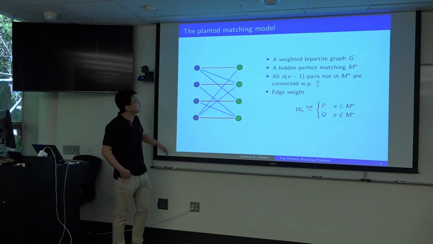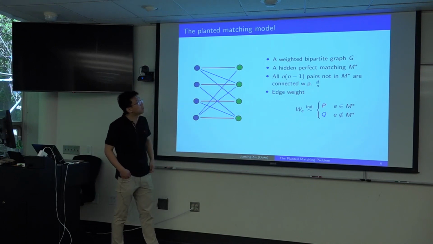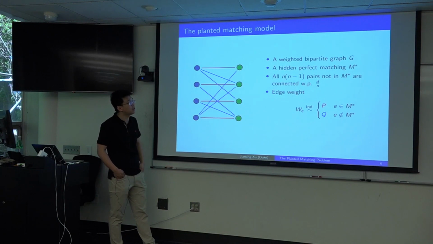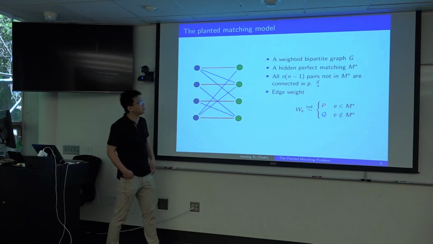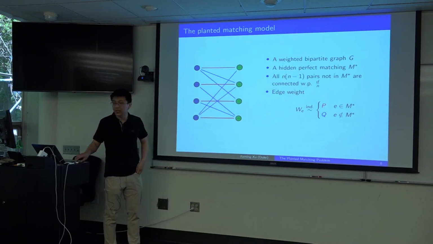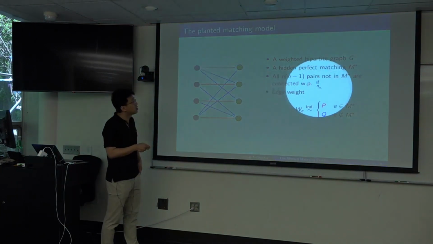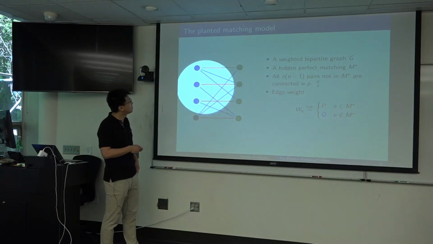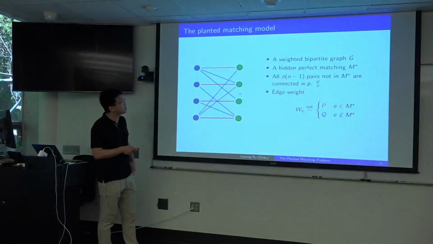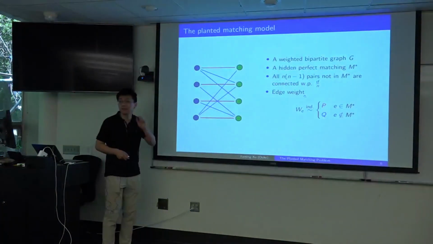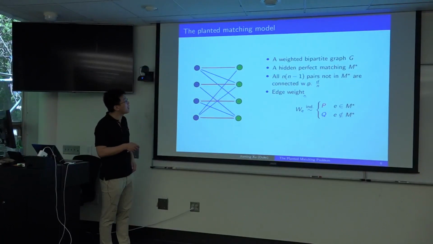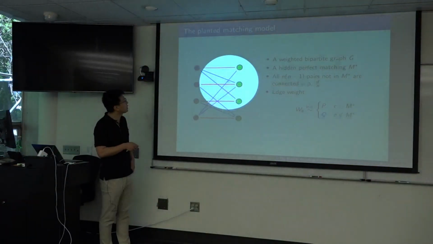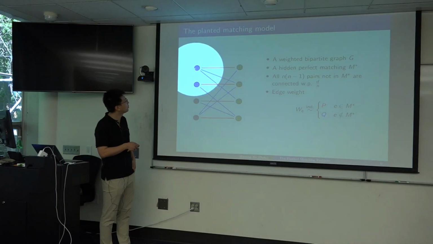Now all the pairs that are not on this hidden perfect matching are connected with probability d over n. So all these blue edges are drawn with probability d over n. Roughly, the average degree of the blue edges, the number of incident blue edges for a particular node, is roughly d.